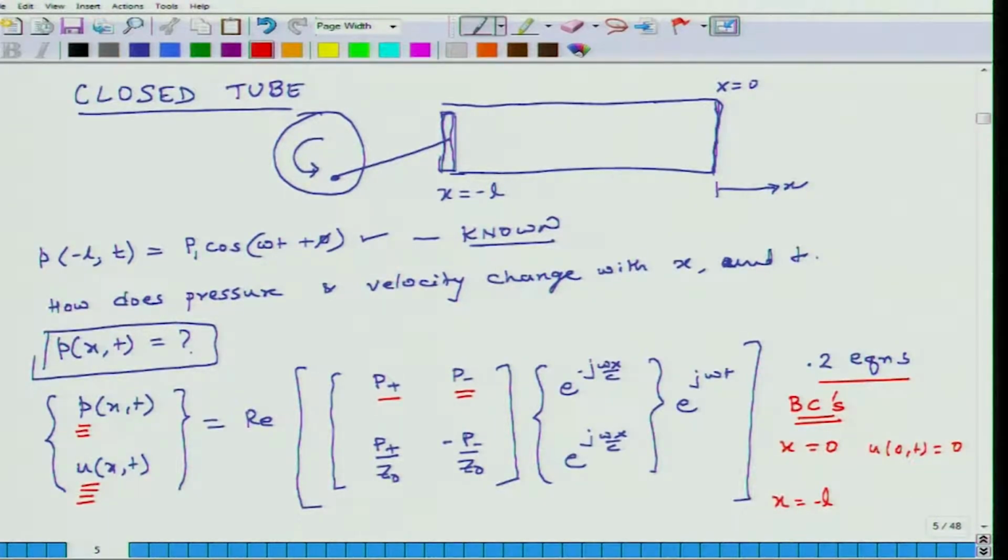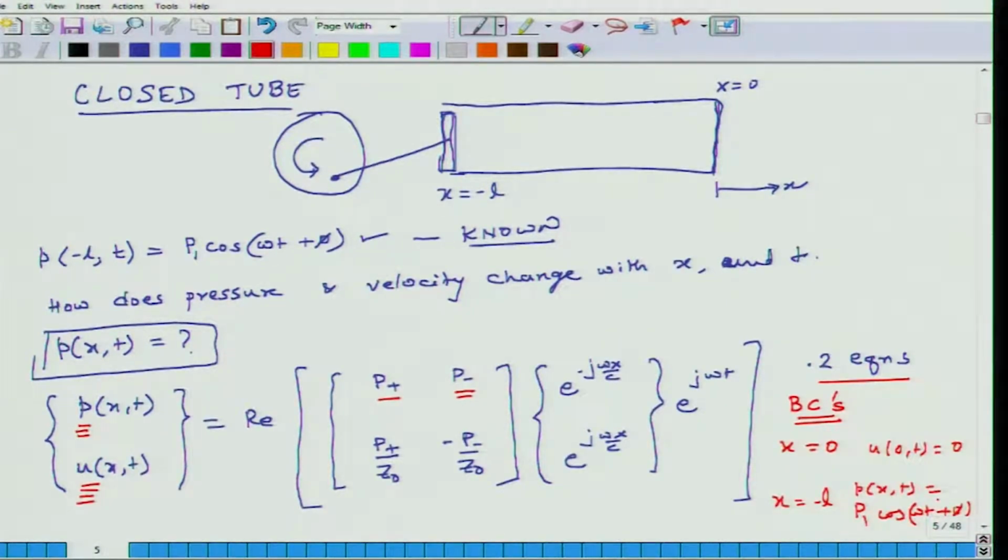So then we look at the other boundary, and there we have been told while we were formulating the problem that the pressure at x is equal to minus L is P1 cosine omega t plus phi. So that is the other boundary condition. So P of x and t equals P1 cos omega t plus phi.